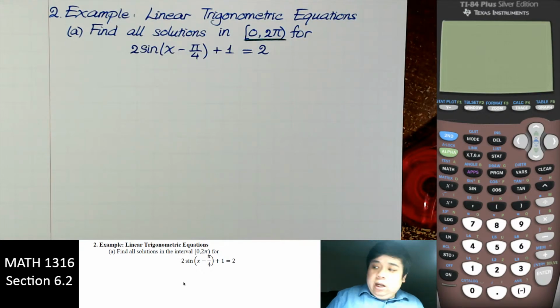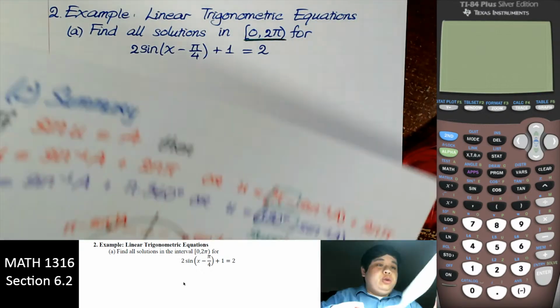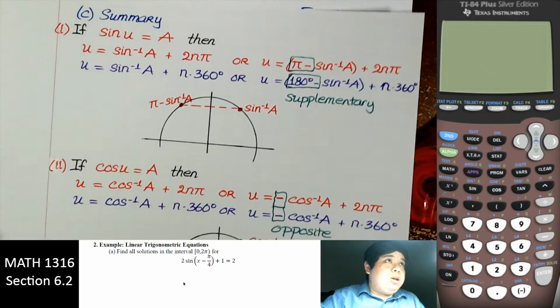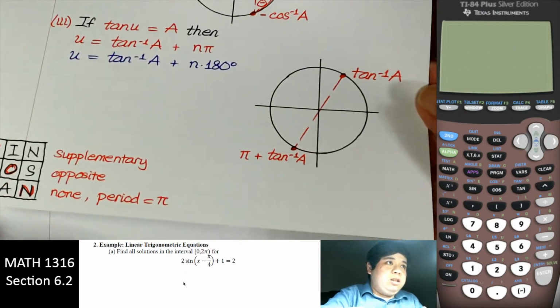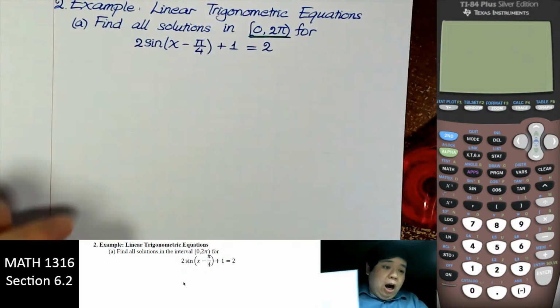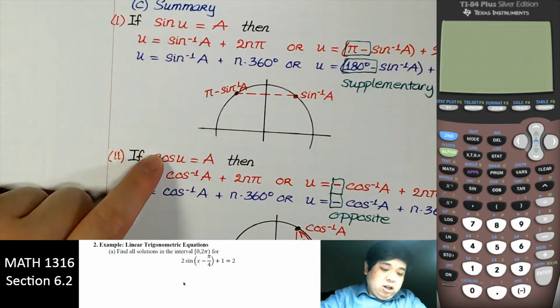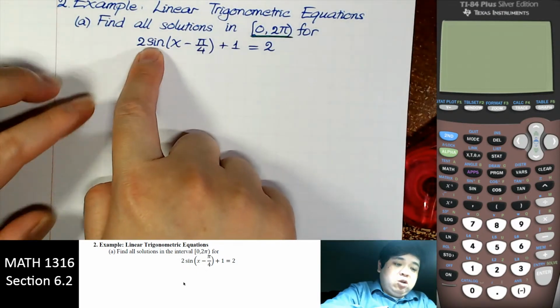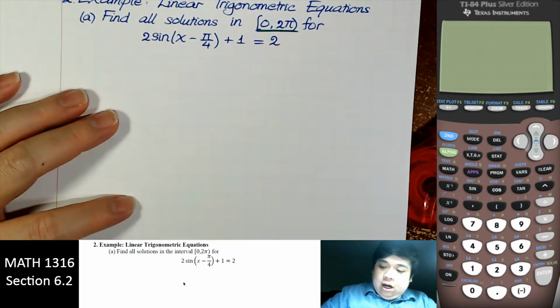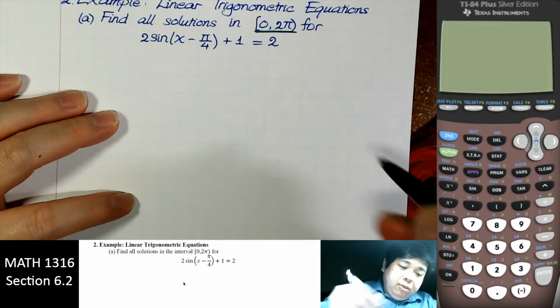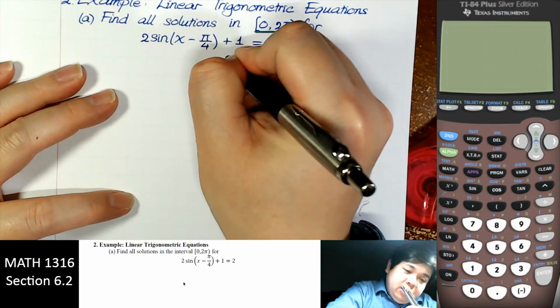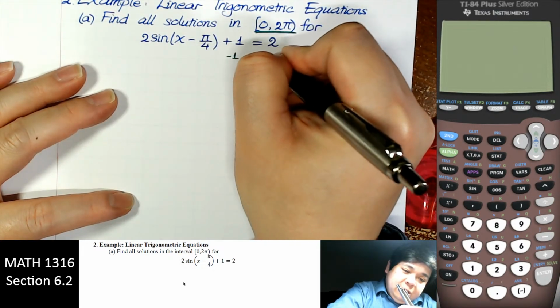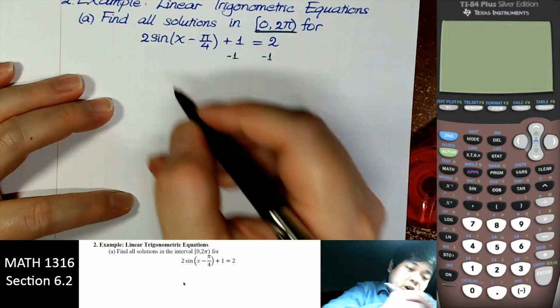In order to use the trigonometric equation formula, we just need to have a sine, a cosine, or a tangent. In other words, we are trying to isolate and solve for the trig function. So the first thing we do is subtract 1 on both sides, just trying to get the trig function by itself.